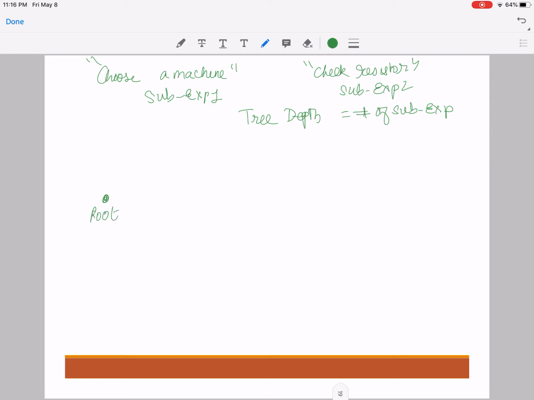I choose a machine first. I can choose machine B1 with probability 3,000 out of 10,000 because 3,000 resistors out of 10,000 corresponds to B1. I can choose B2 with probability 4,000 over 10,000, which is essentially 0.4. I can choose B3 machine with probability 0.3.